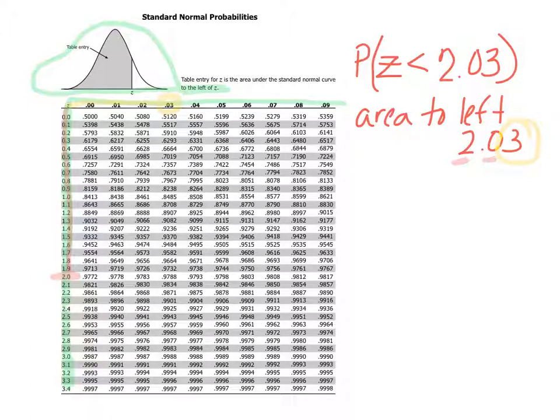You're going to take your fingers, or you can just draw them out, and go to where these two intersect one another, and they intersect at 0.9788. And so the probability that z is less than 2.03 is 0.9788, or 97.88%.